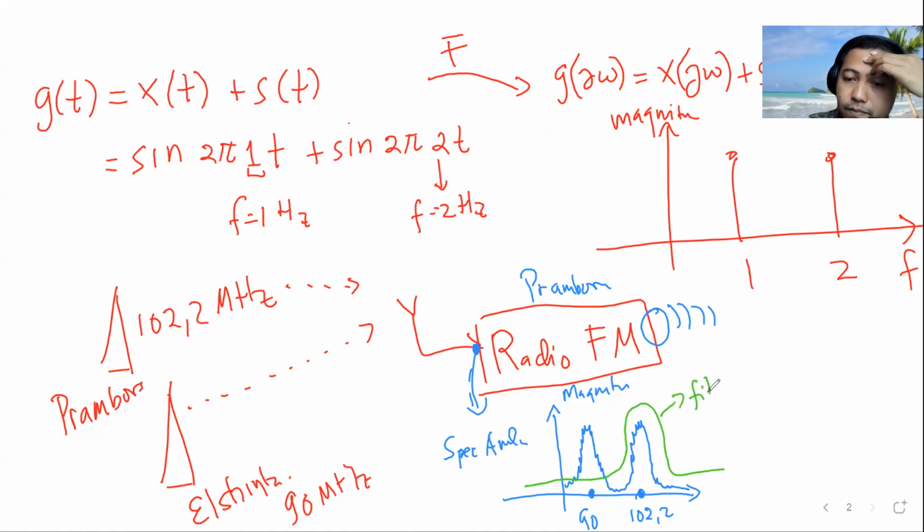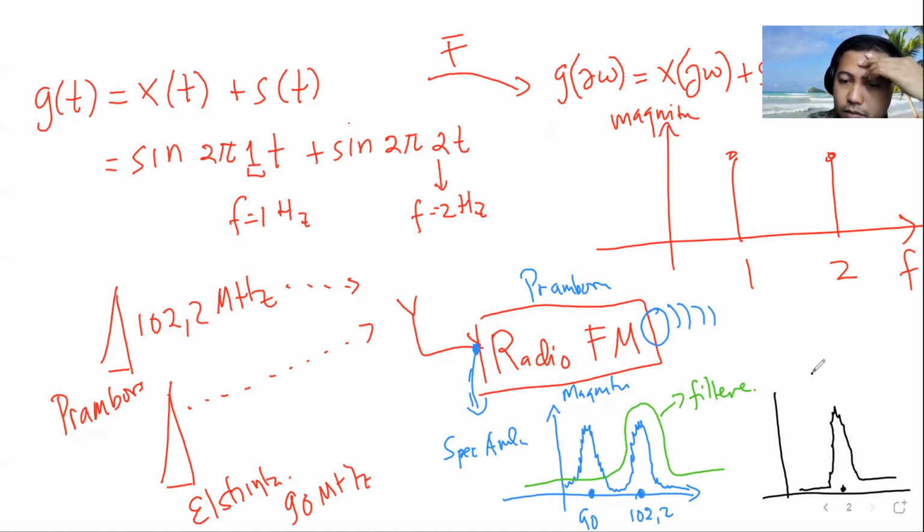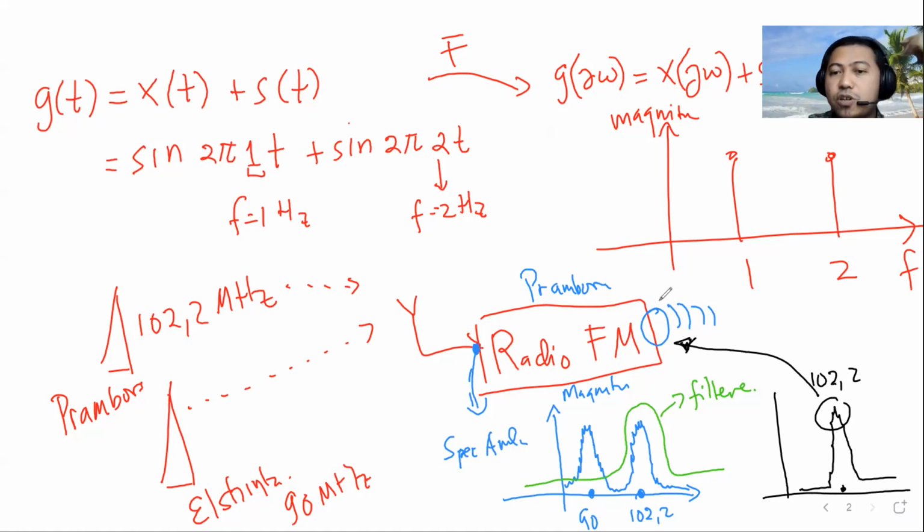This is a filter, so we have the output. The output here is only the signal at this point, 102.2. You want to hear only Prambos. So this is the signal that comes out to the speaker, and then you can enjoy the station of Prambos.